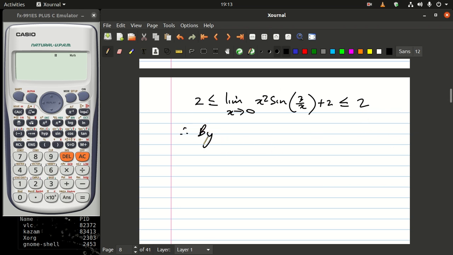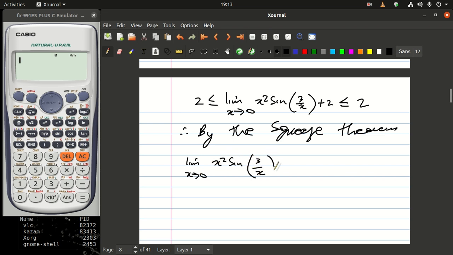Therefore, by the squeeze theorem, the limit as x approaches 0 of x squared sine of 3 over x plus 2 must be equal to 2.